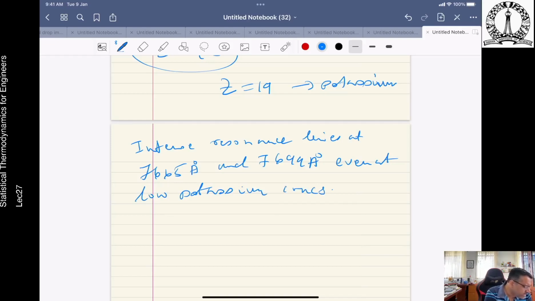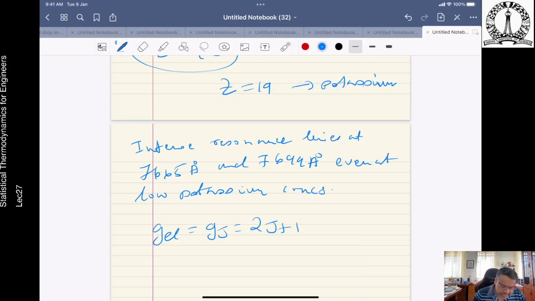Now let us look at what is meant by effective degeneracy. We already know that g_el is equal to g_J is equal to 2J plus 1. This is something that we already know.